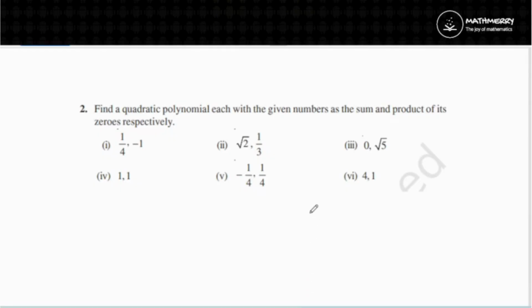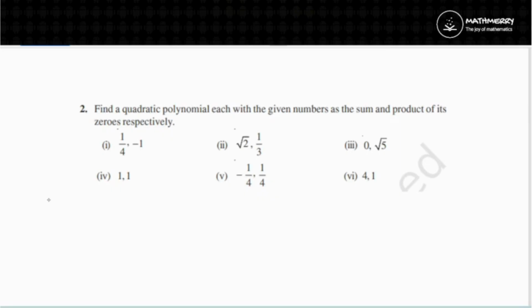Here we have to find the quadratic polynomial, each with the given numbers as the sum and product of its zeros respectively. So first we have 1 by 4 and minus 1. So the sum.